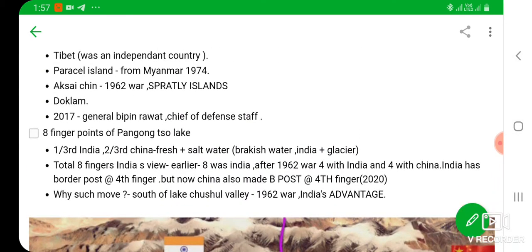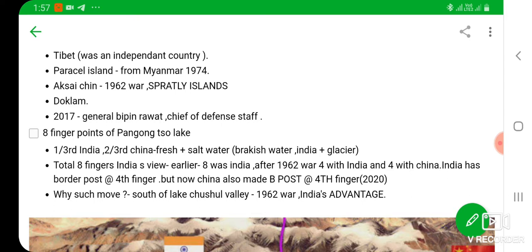If you are looking at the source of this Pangong So Lake, we can see that it contains brackish water as well as fresh water. Brackish water is coming from the Indian side because there are so many rivers emptying into this lake.